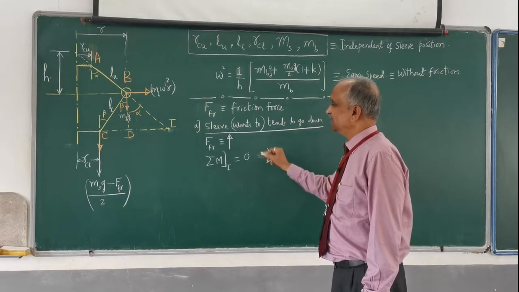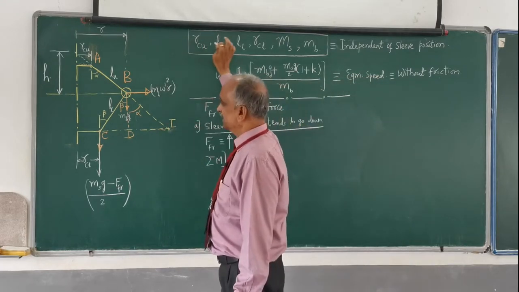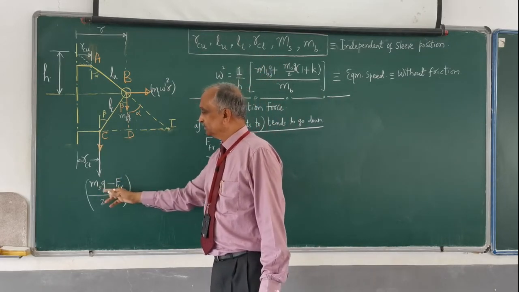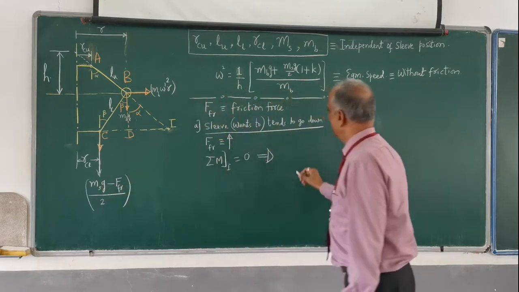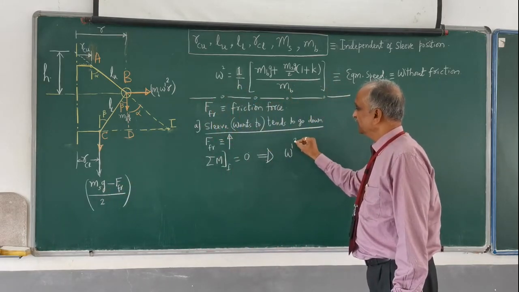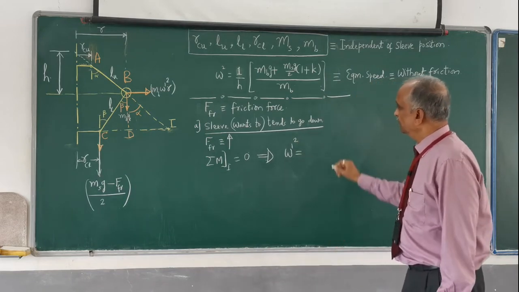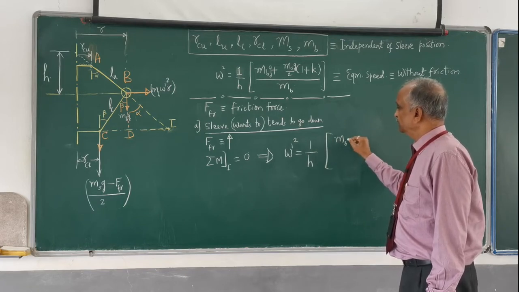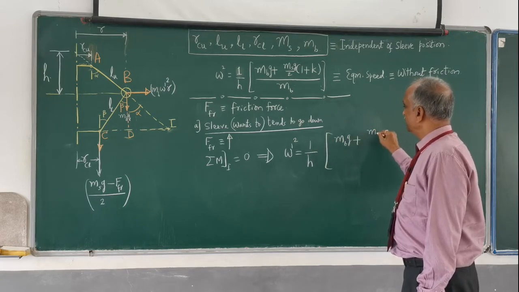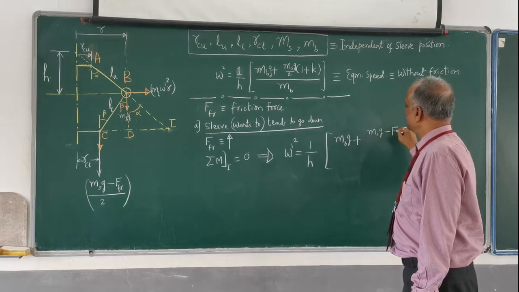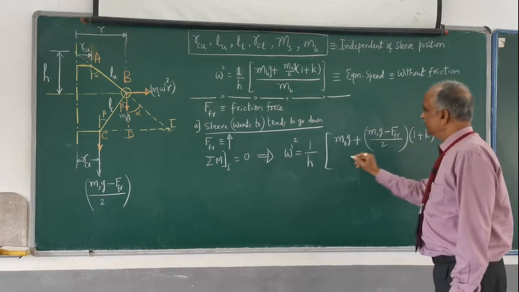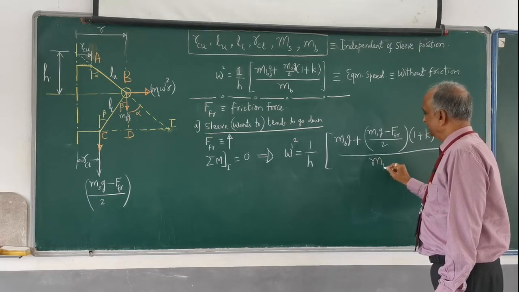Since there is not much change except from the earlier equilibrium speed case, and now the only change is this Ms into g minus Fr, I shall get an expression that omega dash square is equal to 1 divided by h into bracket mv into g plus Ms into g minus Fr divided by 2 into 1 plus k, the whole thing divided by mv.